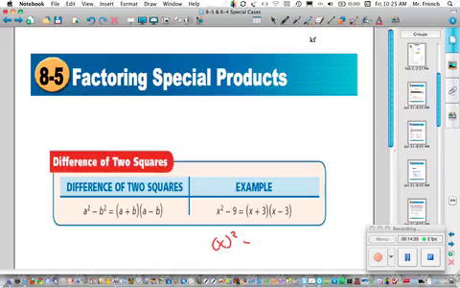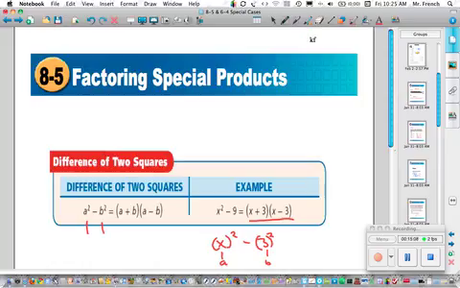So if I look at the formula, my a value is the x, and my b value is the 3. All I do is put x in this formula every place I see an a, and put 3 every place I see a b. And voila, it's factored. That's as simple as it is.